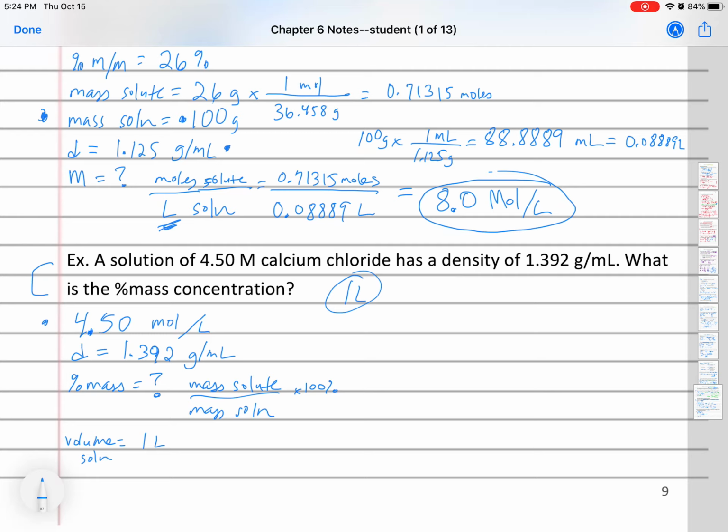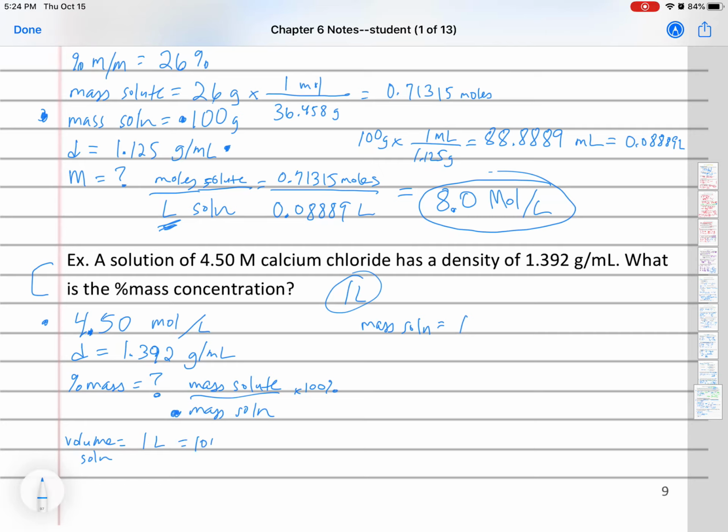All right, so if we want to figure out the mass of the solution, we can do that because we know the density. So if we have 1 liter of solution, we can figure out the mass of the solution to plug it in here. So the mass of the solution, I'm going to write that up here. We can figure it out because it's going to be the volume times the density.